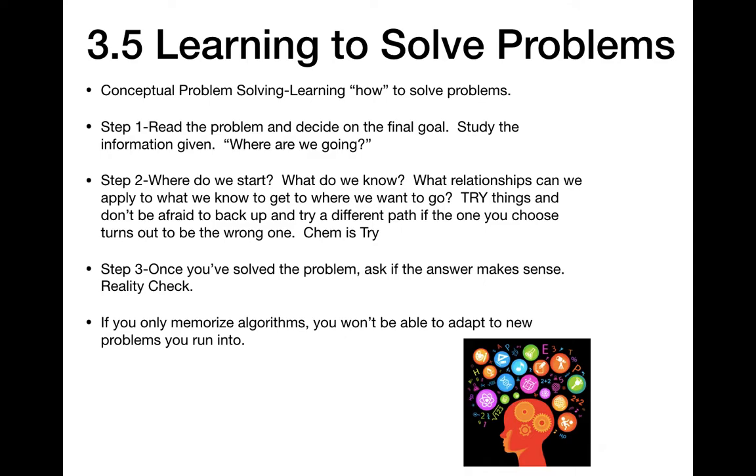Stoichiometry is sort of used as an example of problem solving in AP chemistry. Our conceptual problem solving technique, where we try to learn how to solve problems, is very important. First make sure you read the problem carefully, realize what the problem is asking for, and are able to identify what the problem is giving you as information.